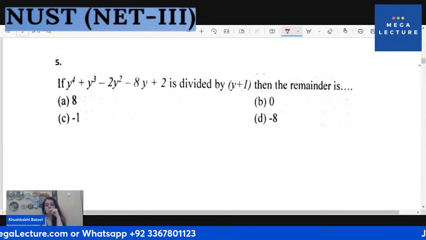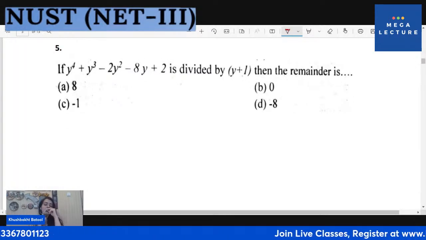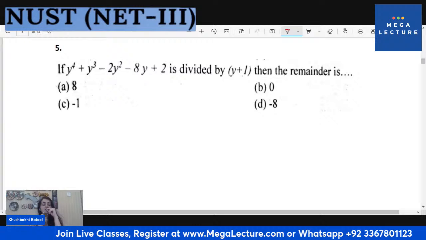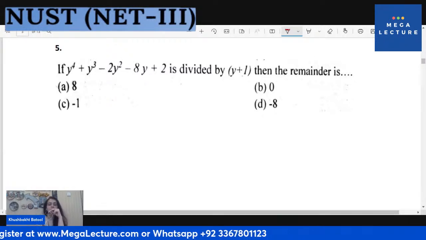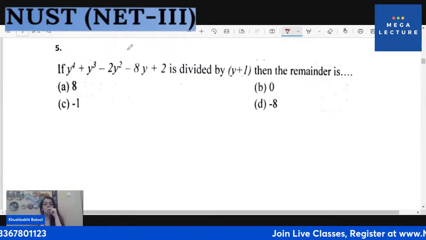All right. So here it says if y to the power 4 plus y cubed minus 2y squared minus 8y plus 2 is divided by y plus 1, then the remainder is. Okay, now for this question, you need to understand that you'll be using the remainder theorem.